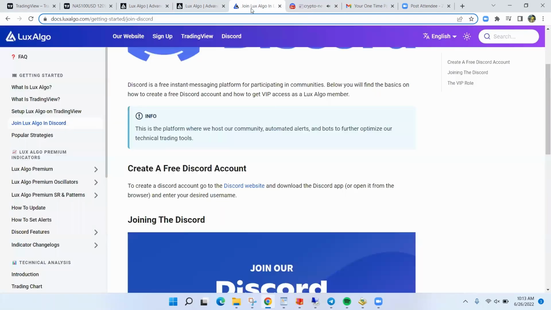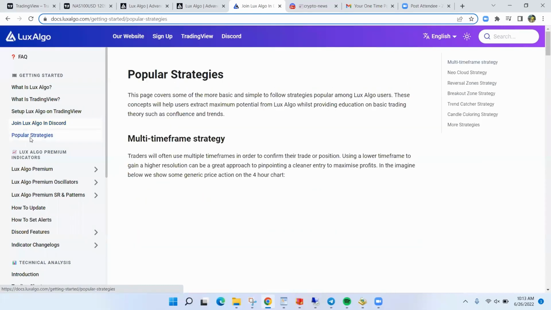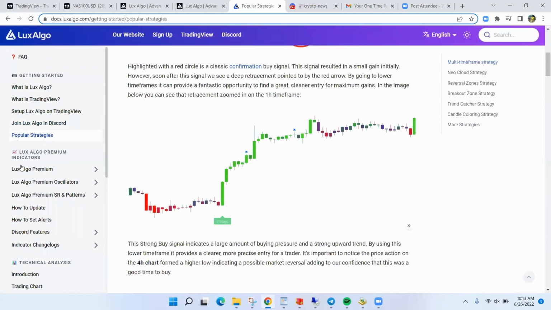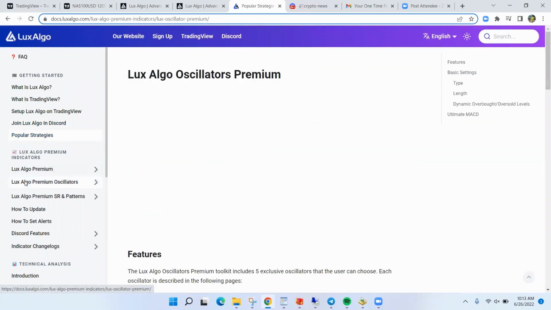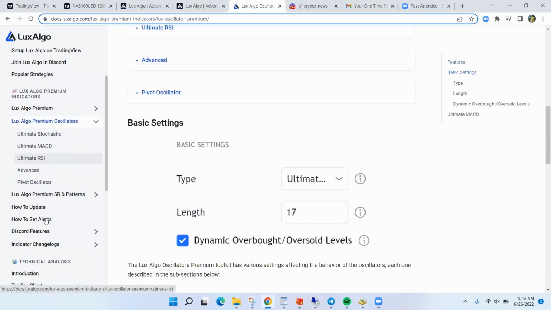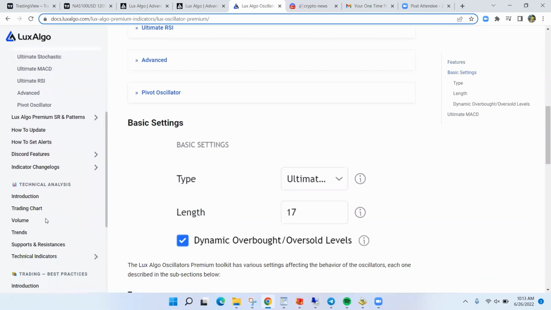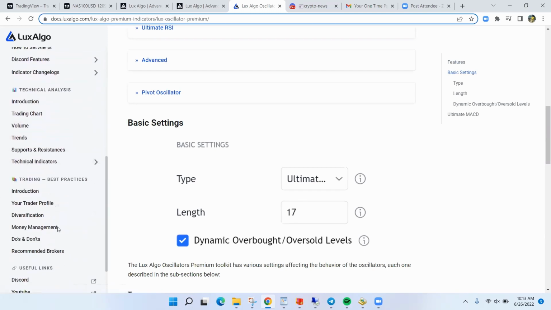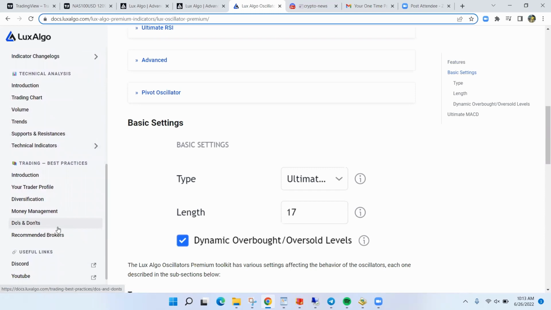Just on the Discord, if we go back to the resources page, it even gives you popular strategies to use, tells you how to do it, and then goes over each individual oscillator that it has, or just different parts. It even gives you some basic education on trading and some recommendations for when you're actually trading.